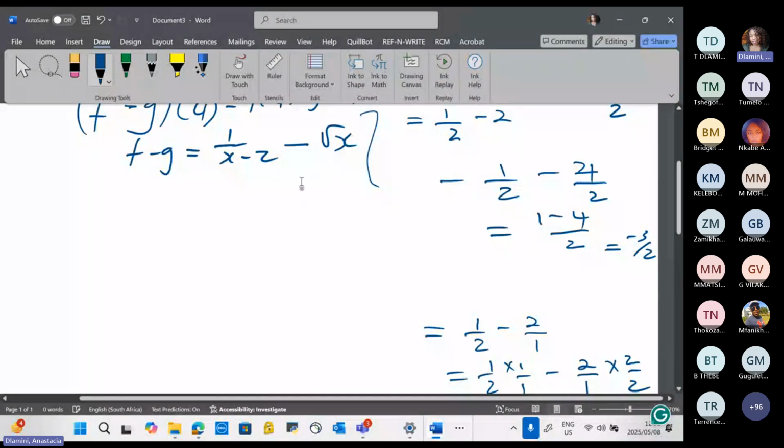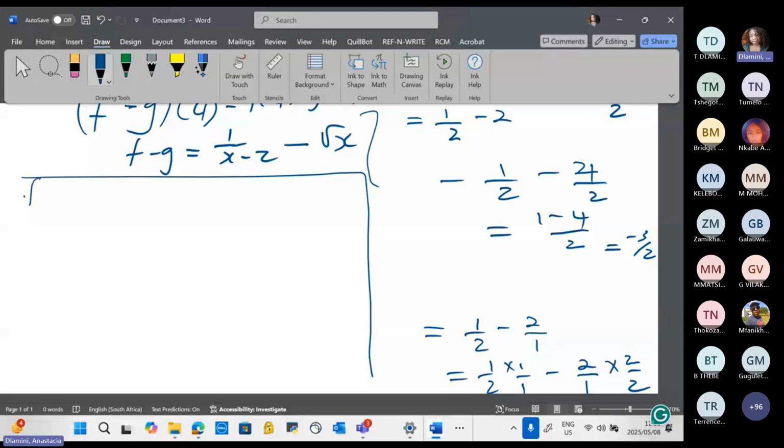So now we want to find f times g evaluated at 4. We know that f times g of x is the product of f of x and g of x, which is 1 over x minus 2 multiplied by the square root of x.